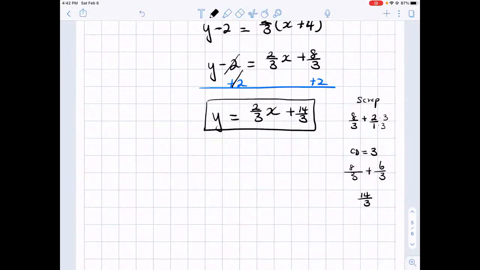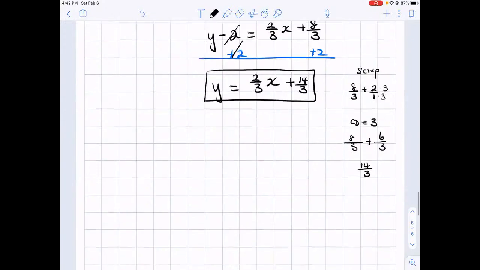So please note that anytime you're asked to find an equation of a line, the slope is given. Okay?